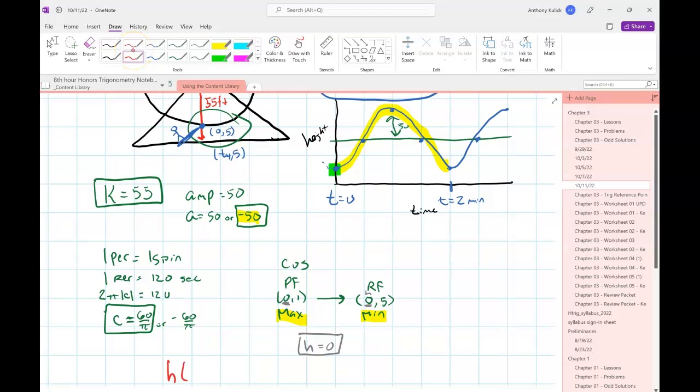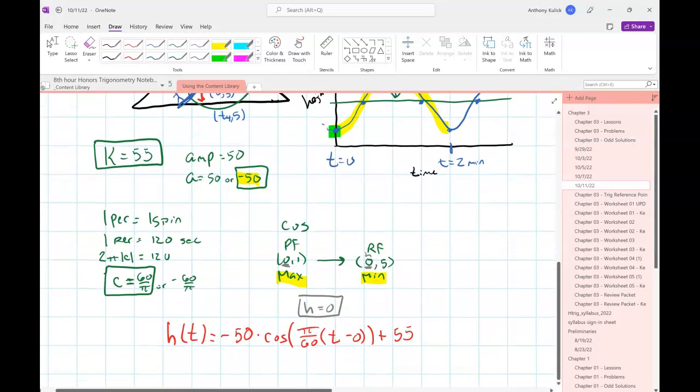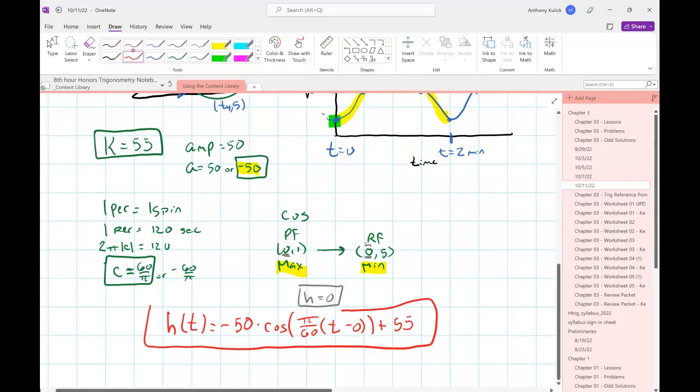So I'm all done. So I have h of t then is equal to negative 50 times cosine of 1 over 60 t. I'm just going to start writing these as the reciprocal. Is that okay, guys? Yeah. I'm just sick of writing 1 over a fraction, right? We're good with just me writing that as a reciprocal now. Okay. Well, that wasn't so bad, right?